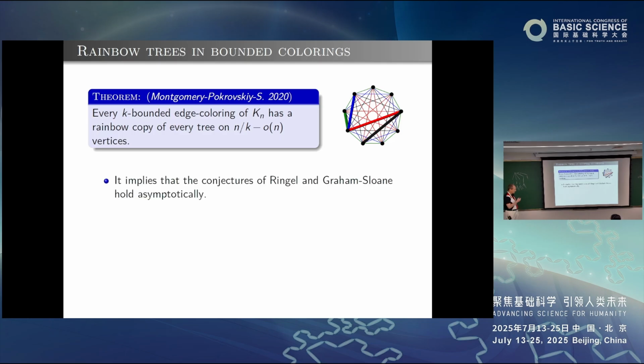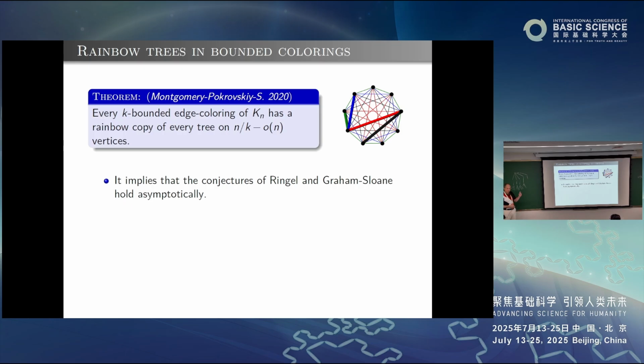Now, a couple of comments are in place. So first of all, as we said, if you take k equals 1, then I claim that I can find you a nearly spanning tree, any nearly spanning tree, rainbow, which gives you the asymptotic version of Graham-Sloane conjecture, right? This will give you, in particular, if you apply it to a very specific coloring of the complete graph, the harmonious labeling for this tree.